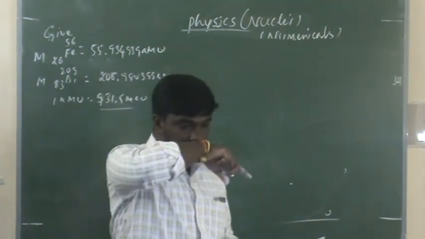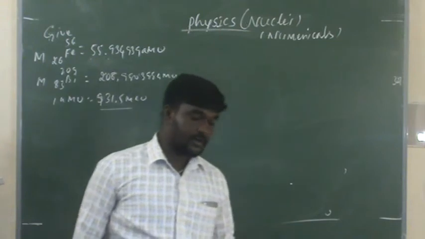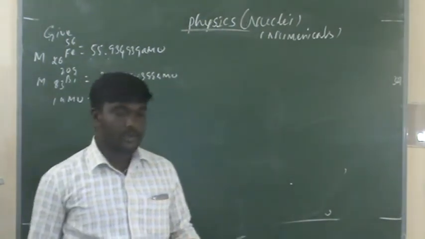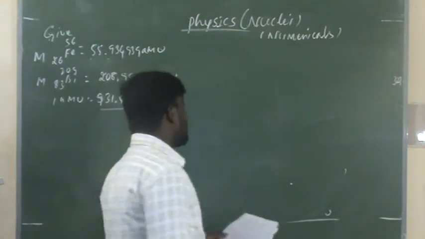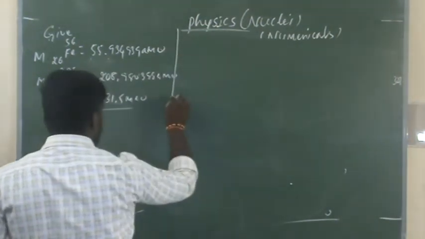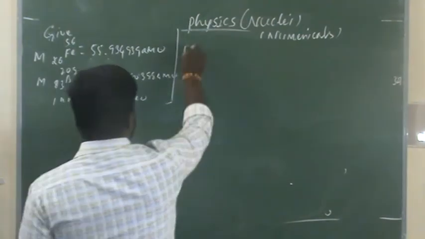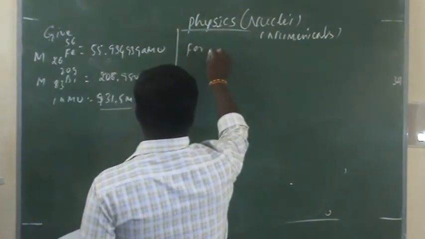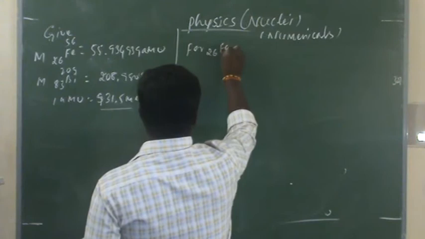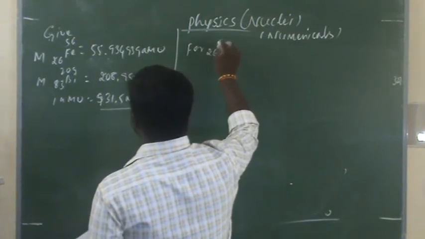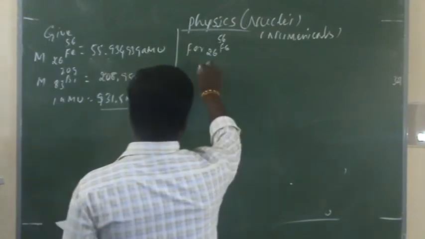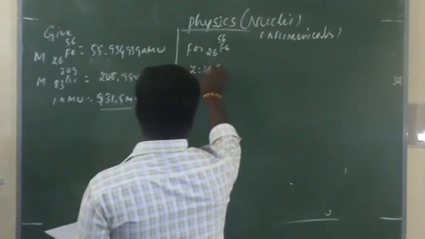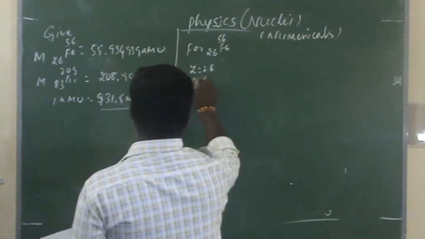To find the binding energy of the nuclei, there are two nuclei. One is iron and the other is bismuth. So first we calculate for iron, 26 Fe 56. Here the atomic number is 26, the mass number is 56.